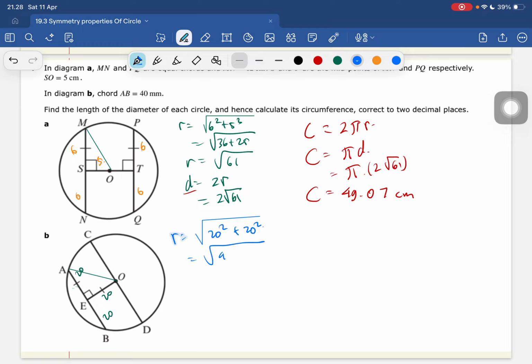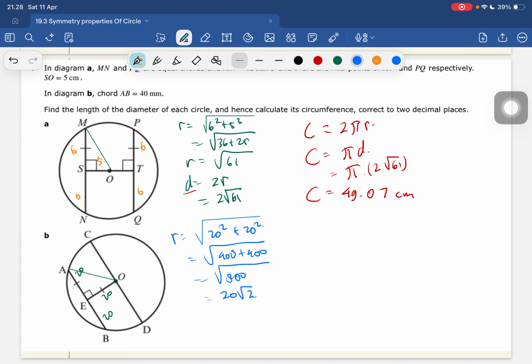So we got 400 plus 400, it's going to be 800. Or we could simplify it to 20 times the square root of 2. Okay, we got the radius.